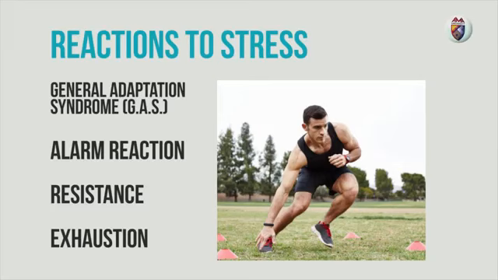The general reaction of everyone to stress is known as the General Adaptation Syndrome, or GAS for short. GAS is actually composed of three sequential events, and these are alarm reaction, resistance, and eventually leading to exhaustion. What are they, and how would you know which phase you are currently in when faced with stressors?